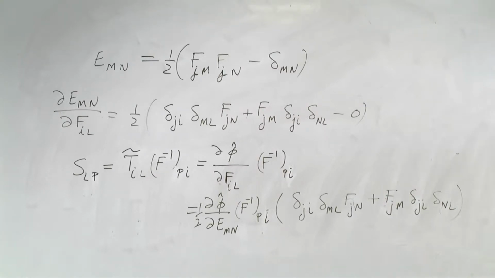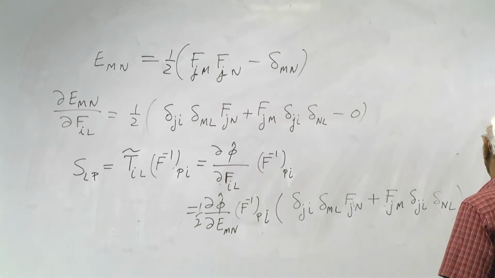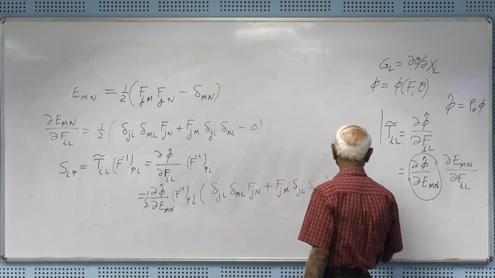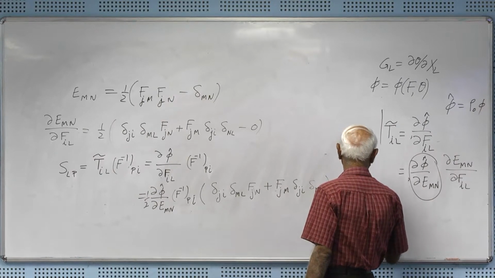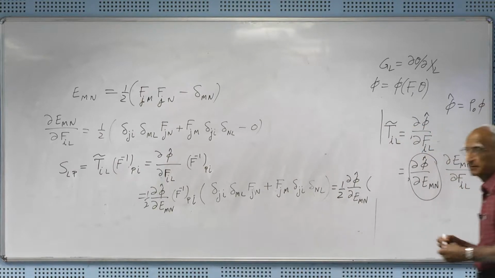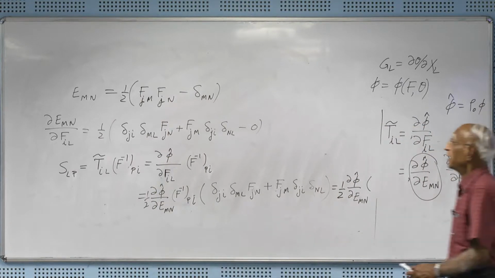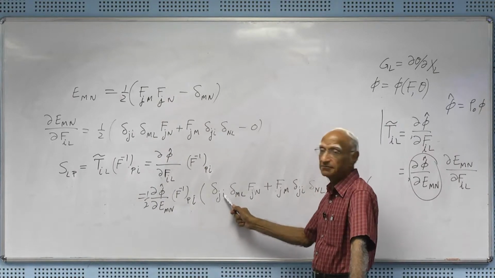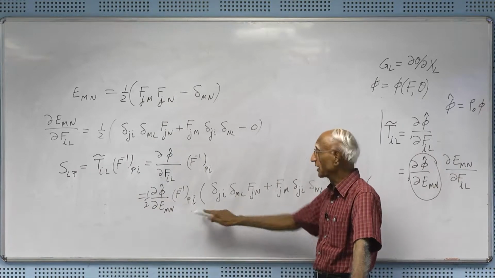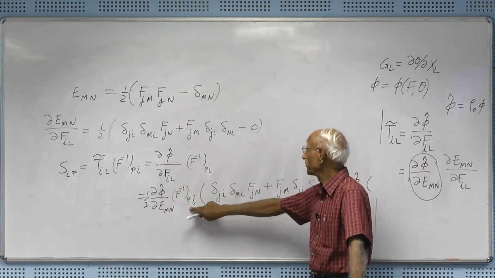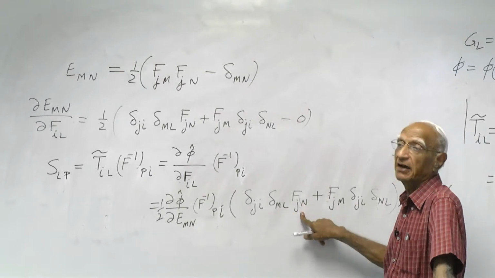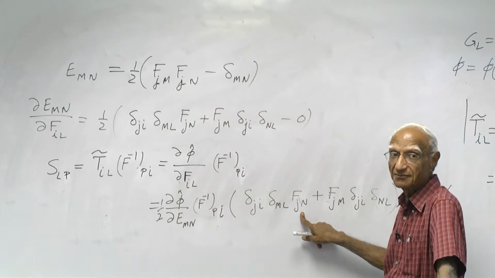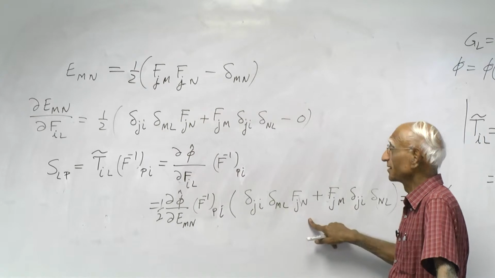So this is equal to 1/2 delta phi hat over E m n, I. So that will be J. F inverse F, identity. So this becomes identity.